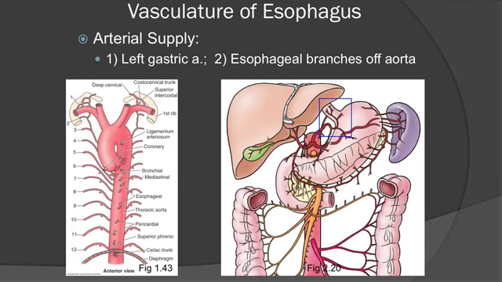Arterial supply is really straightforward. There's a left gastric artery, which is coming off the celiac trunk to give supply to that lower distal portion of the esophagus. There's also some esophageal branches that come off the aorta in segments like we talked about in the thorax. So that's the arterial supply.